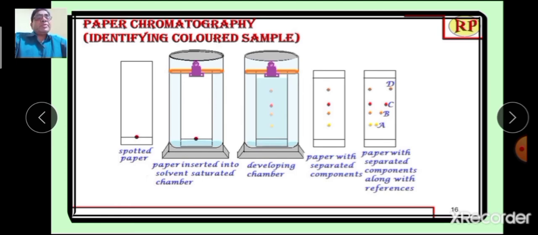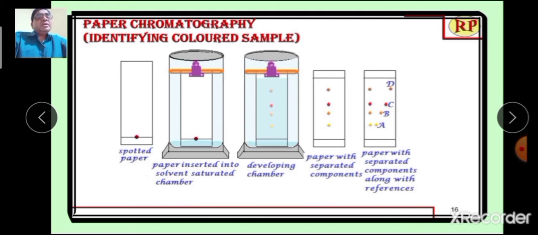Depending upon the affinity, the components with more affinity are separated at a closer distance, while the components having least affinity will travel further and are separated at a longer distance.